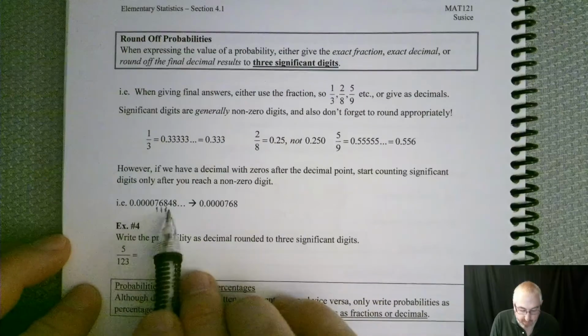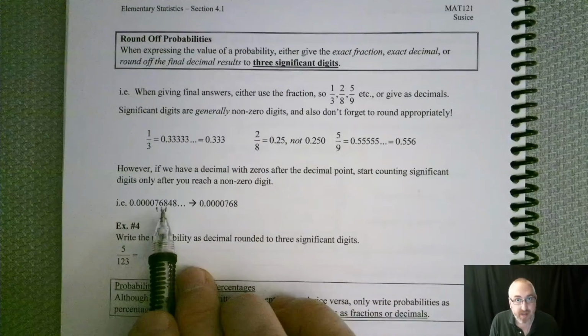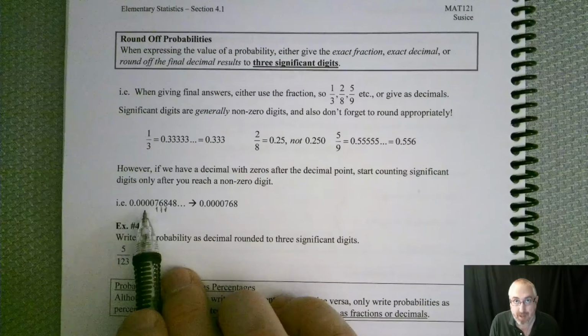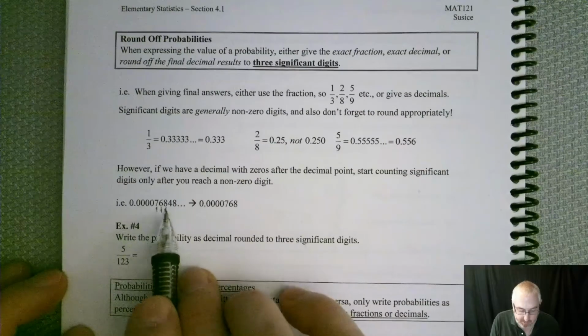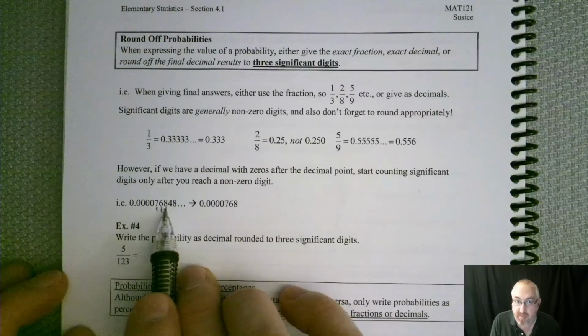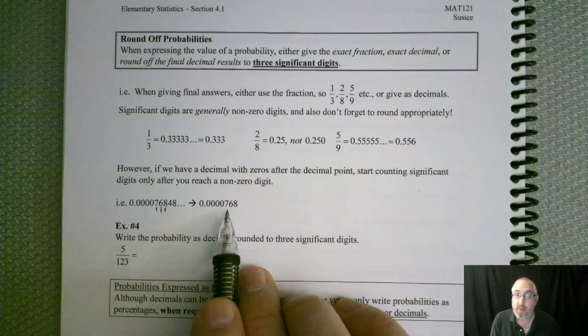So that's where we would want to round to, not 3 decimal places, because if we rounded it to 3 places, it would just be 0. So it's not really giving us anything. But 3 significant digits would put us on the 8. If we round it to the 8, the 4 says we would leave that 8 alone. So this is what that rounded to 3 significant digits would look like.